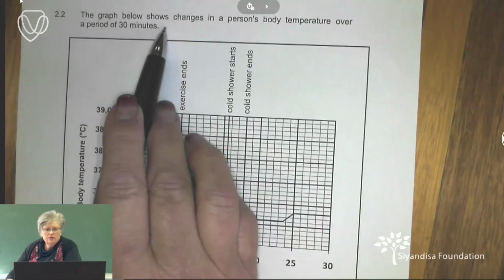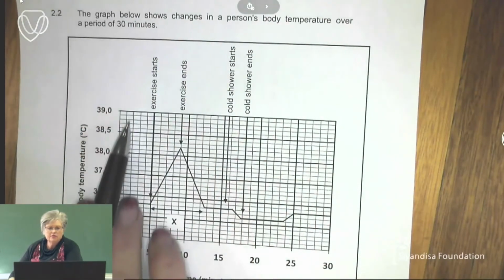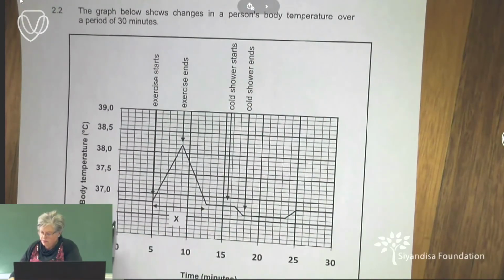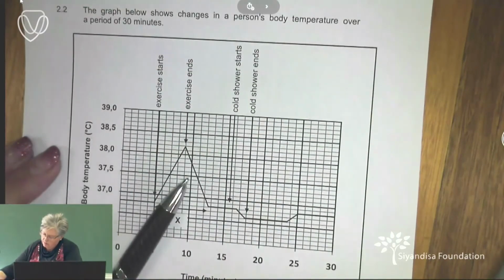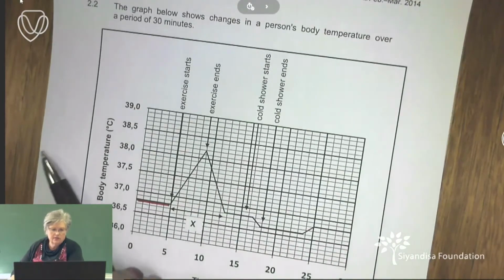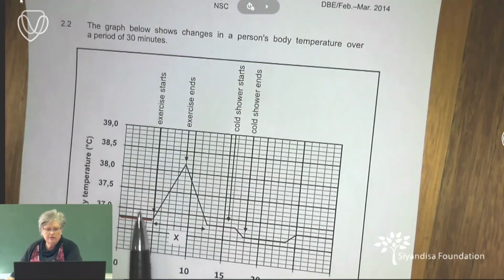The graph below shows changes in a person's temperature over a period of 30 minutes. Okay? So here it was normal temperature. It's very difficult to see it here. Then the person started to exercise. What happened?